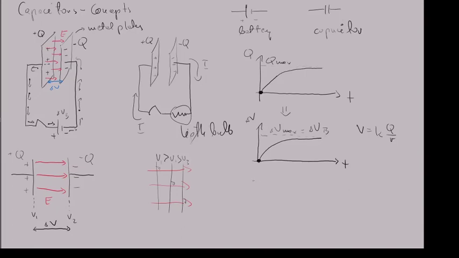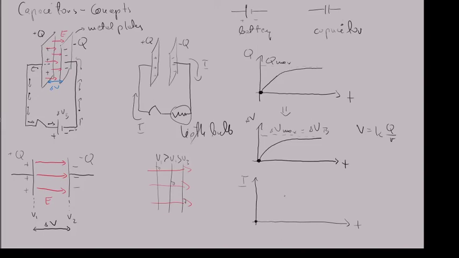And finally, we can figure out how the current will behave in this circuit. We started with no current because initially the switch is open and nothing is flowing, and then we flip the switch and the current is going to increase.